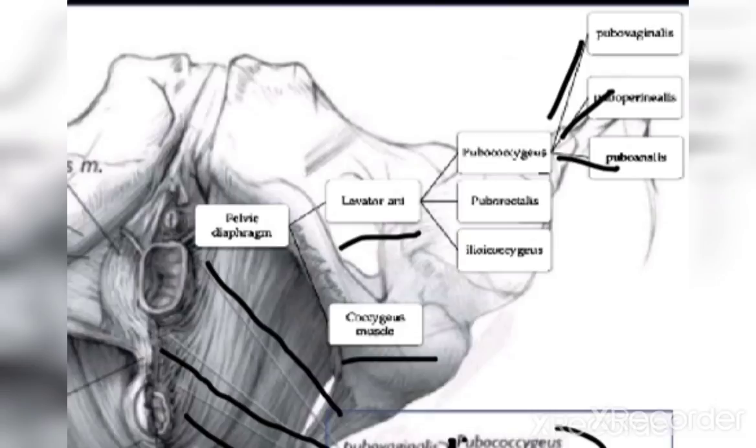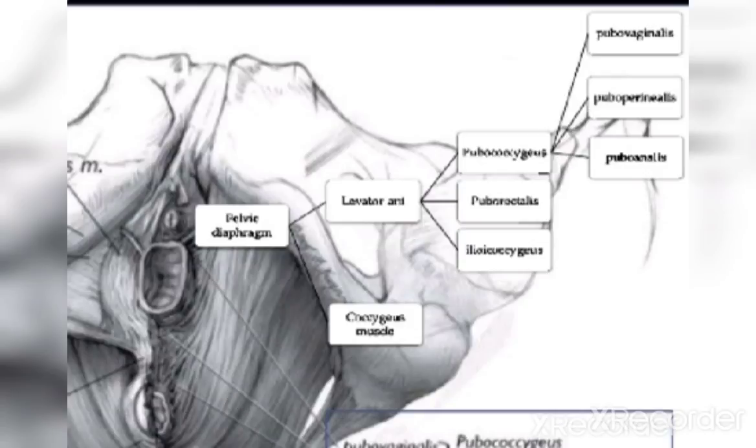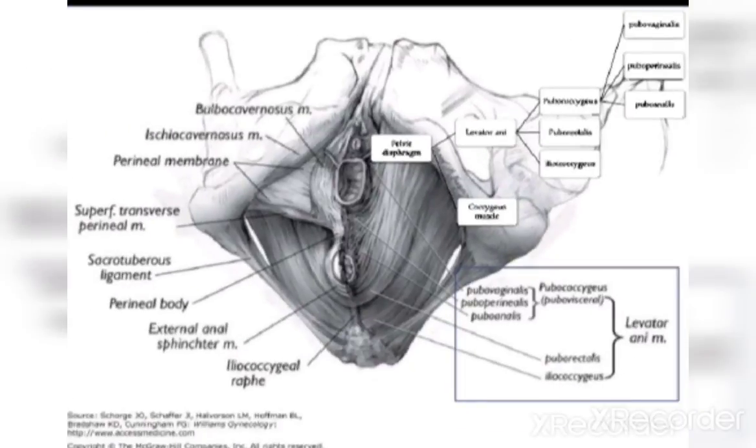These muscles get weakened for various reasons, especially after delivery, or if proper core strengthening exercises are not done, and this weakness of the muscles results in urinary incontinence.